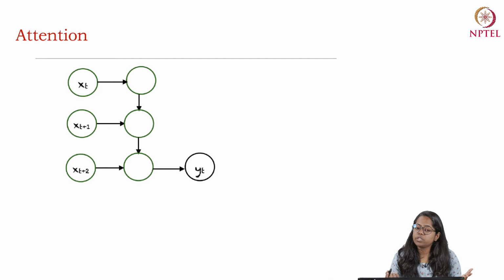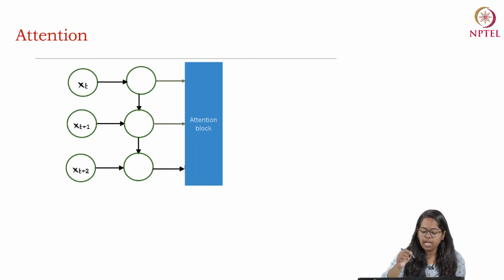So how can we use this attention mechanism? Suppose we have a many-to-one architecture, let's say a sentiment classifier where we are given a tweet as the input and we want to classify the sentiment of it, right? Whether it is positive or negative. Now, instead of just performing a normal RNN architecture that is shown in this figure, we can actually have an attention block in between.